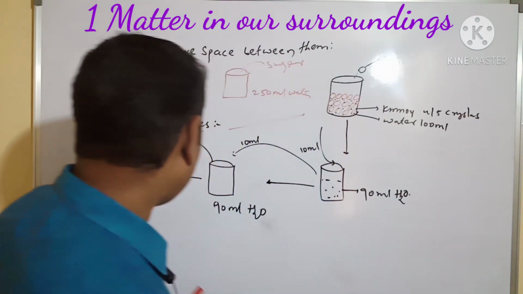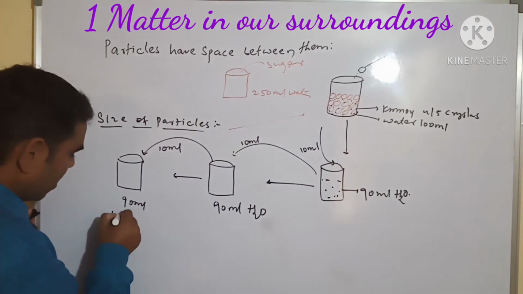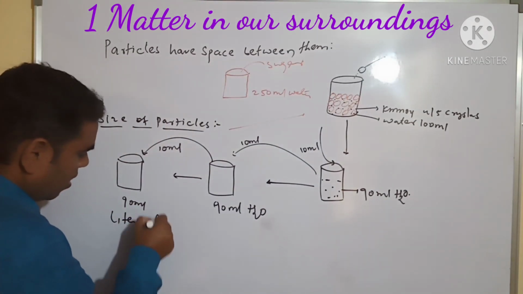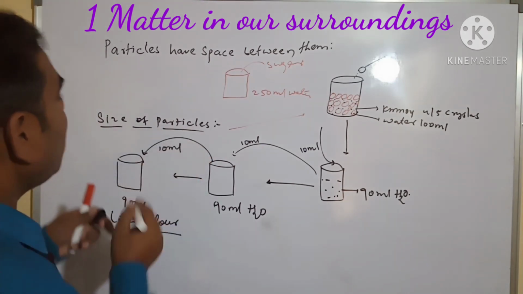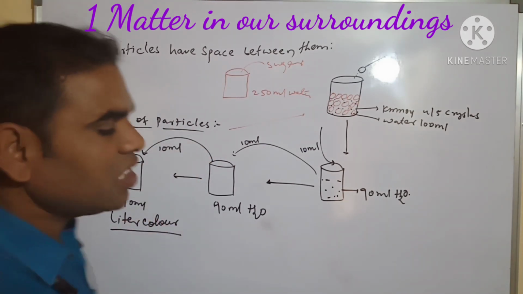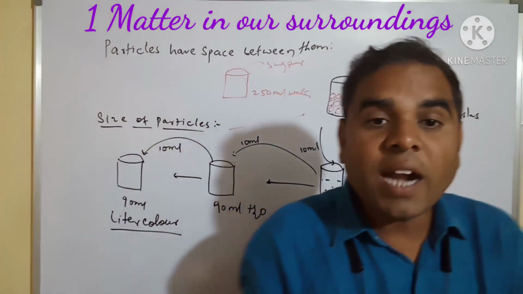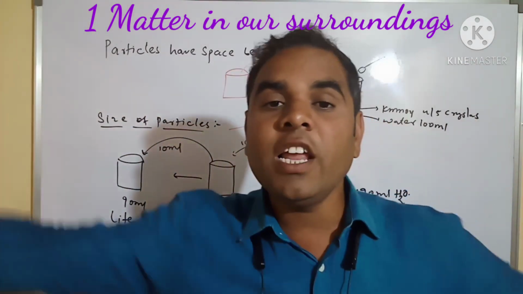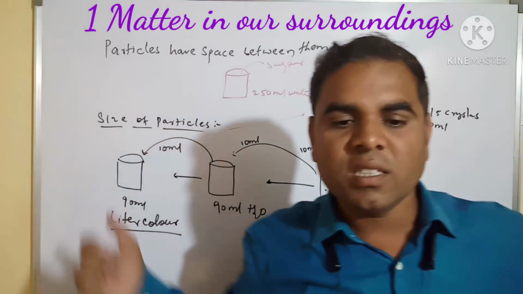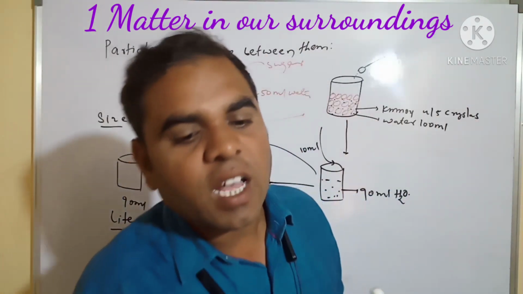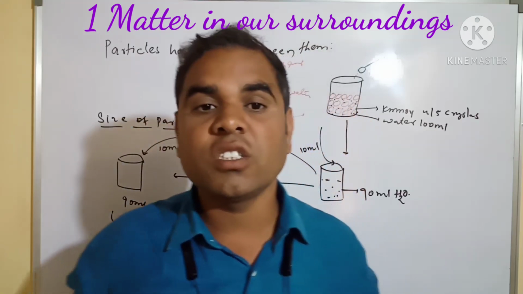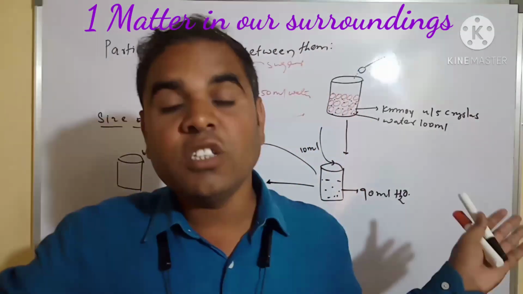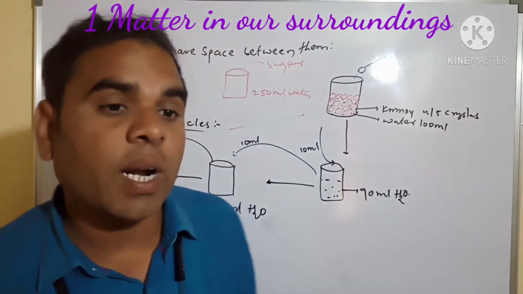See, finally we are getting lighter color. See, this is what says the size of the particles. Particle size is very small, but the particles break down into millions. Next we have to take one drop, divided into millions of particles. One drop is dividing into millions of particles.